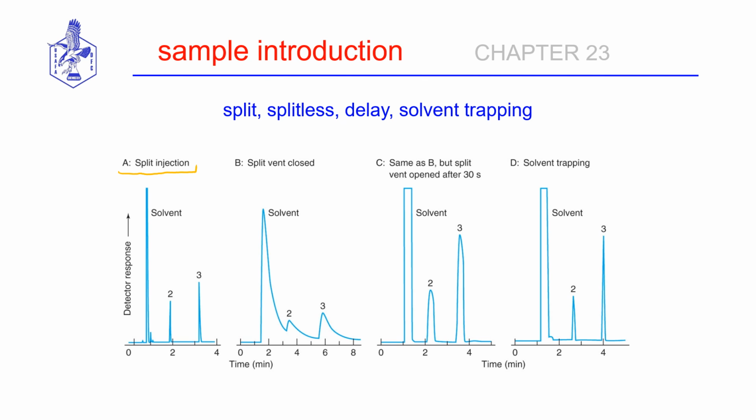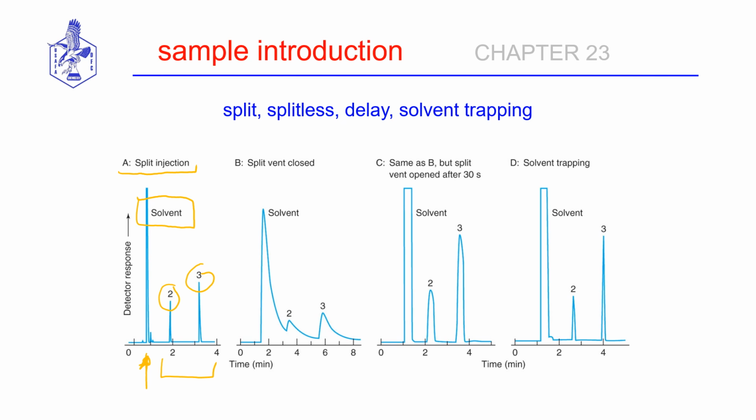So notice in this two-component mixture, the solvent comes through first, it elutes first, followed by our two components. They're coming off in pretty good time and obviously very clean separation. So we have not overloaded our column by running it split.